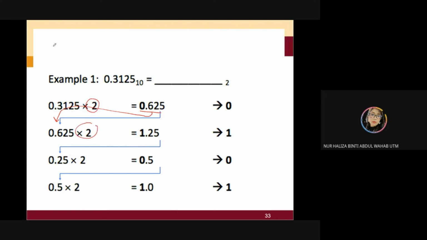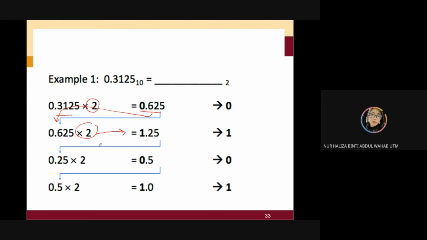For your successive division just now, you repeat the division, but for the fraction number you will repeat the multiplication. So you can see you will repeat the multiplication and you will get the answer.